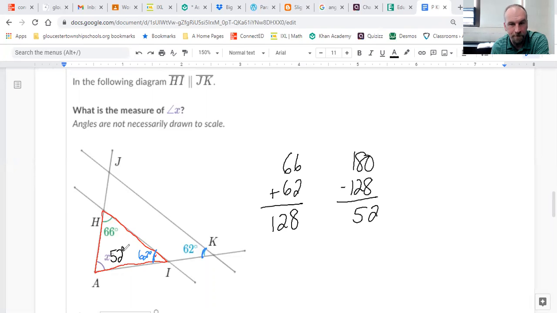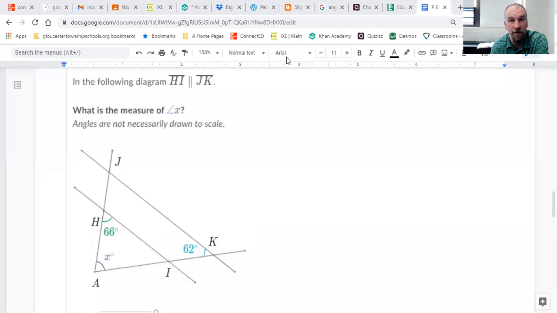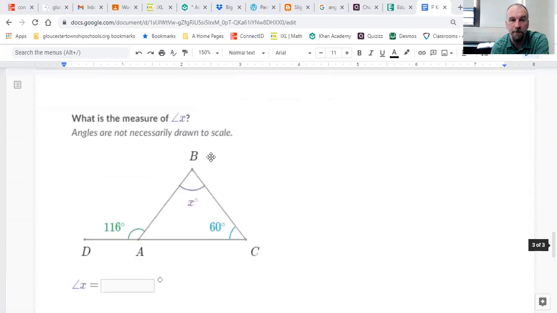Okay. And last but not least, I saved the easiest one for last, actually. I know it's not like me. I usually save the hardest for last. A basic exterior with some remote interiors. Remember, the rule is the exterior angle, 116, is equal to these two remote interiors added together.